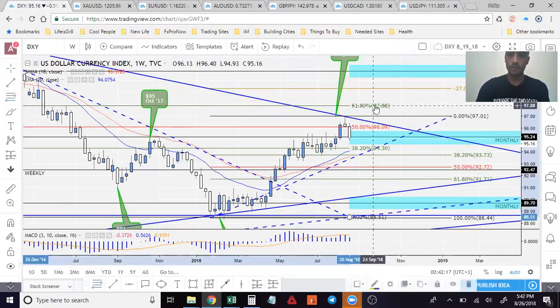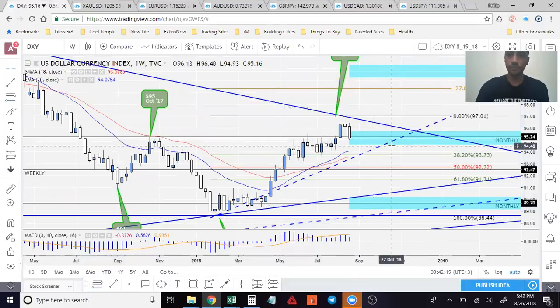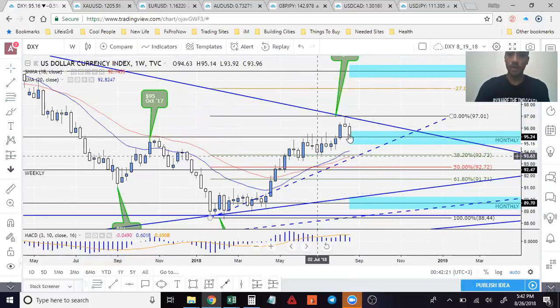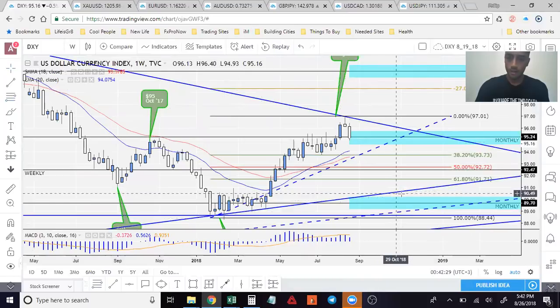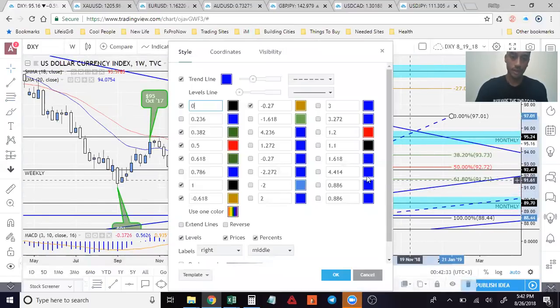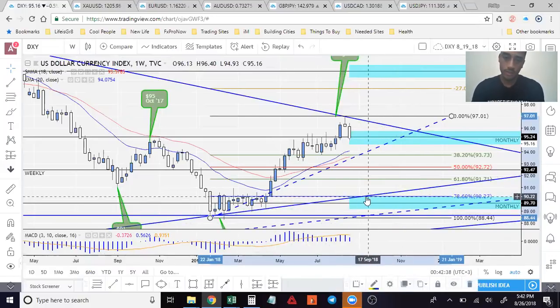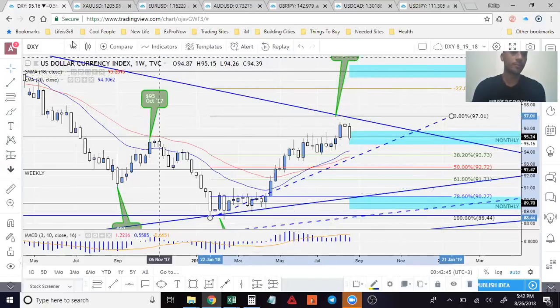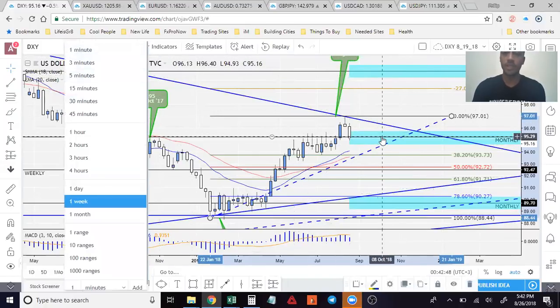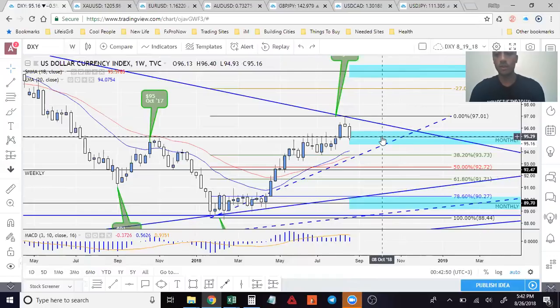All right, so what we see here from point A to point B, 50% kind of lines up with this monthly key level right here, and probably 78.6 will line up over here. Let me add that in so you can see that. Yeah, 78.6 lines up here. I don't see it going straight down that fast, but probably 61.8, bounce off here and then probably break through. Maybe.